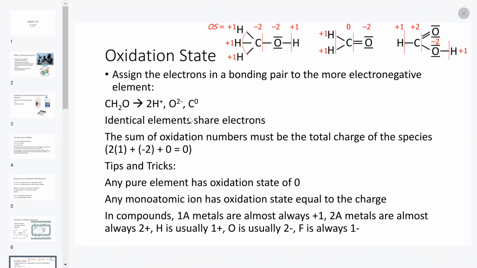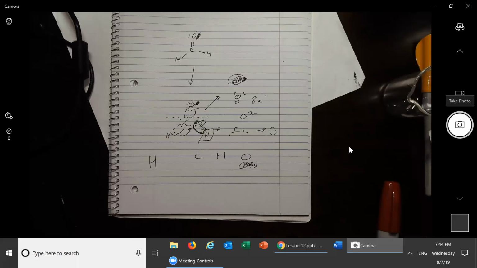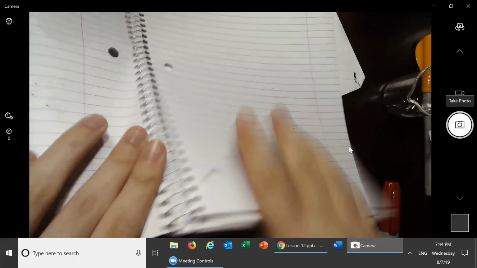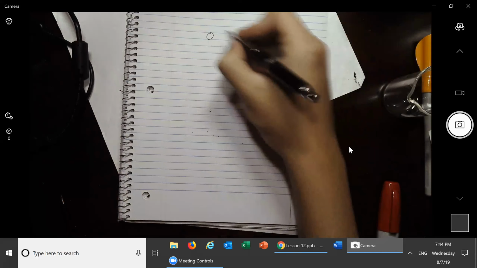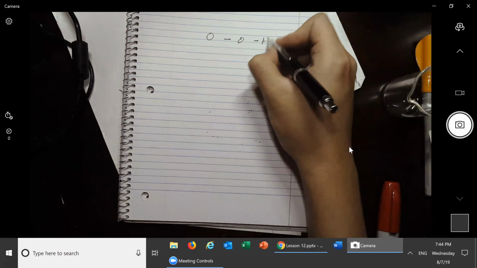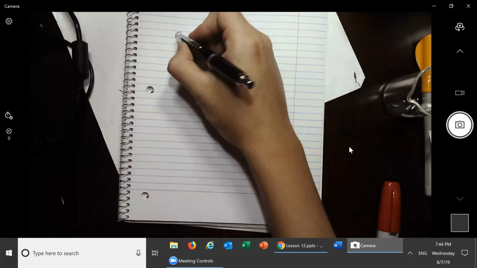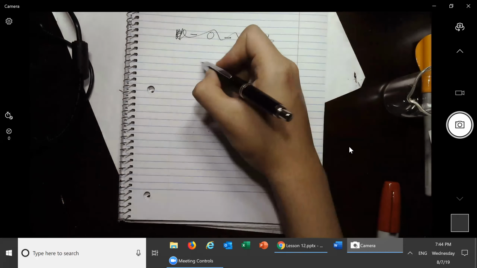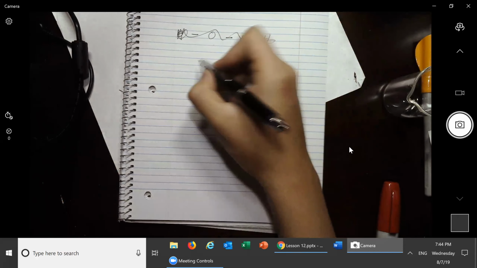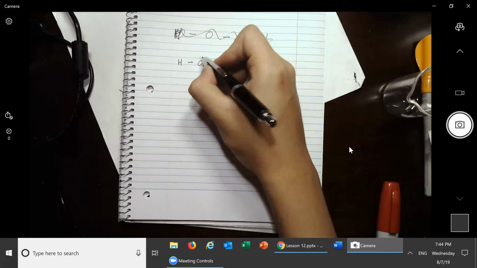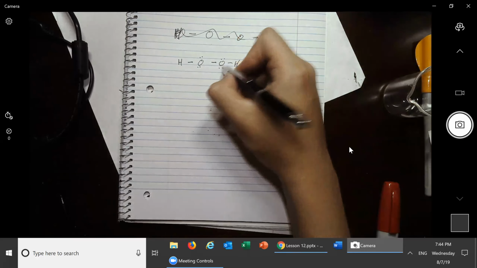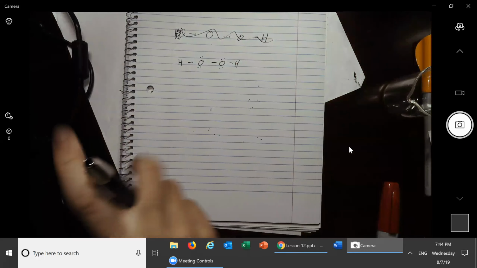So let's do a slightly trickier example. So how about this? So can you tell me what the oxidation states are here?